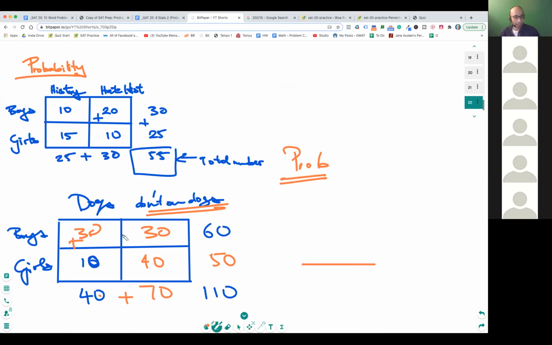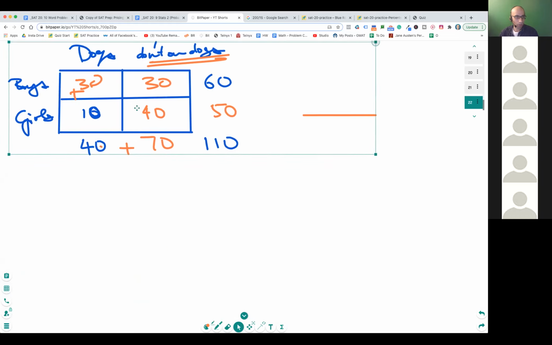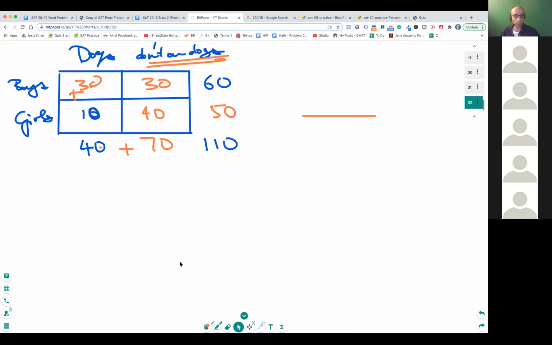So now let's look at the real part. I'm going to get rid of this piece and let's talk about probability. So the probability piece is here.